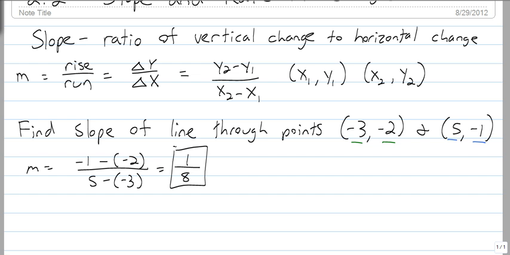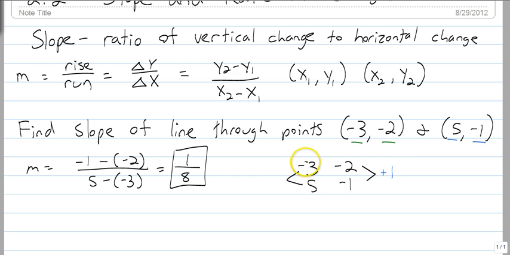Now here's another more visual way to do it. It's called the jump method, not the jumper method. What you do is just write the points on top of each other. -3, -2, that's 1 point. 5, -1. And this is basically the same thing as using the formula. You just look at the change. To go from -2 up to -1, we went +1.